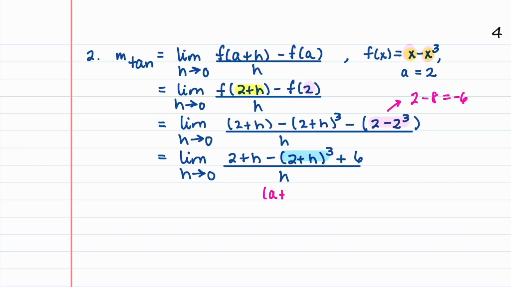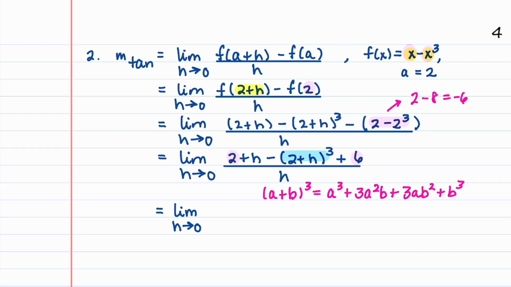This is a plus b cubed is equal to a cubed plus 3a squared b plus 3ab squared plus b cubed. Let's now plug that in. This is the limit as h goes to 0. I'm going to go ahead and combine the 2 and the 6.